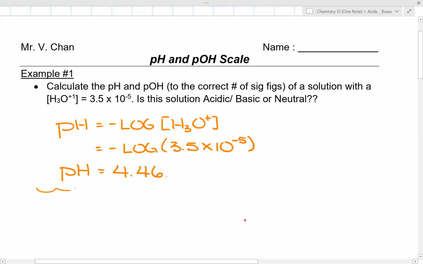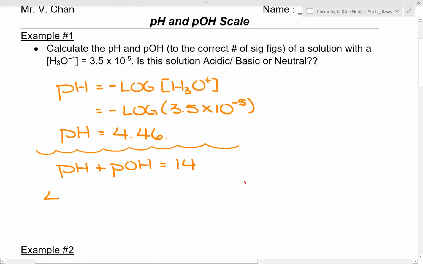Now, if I plug this value into pH plus pOH is equal to 14, I know that 4.46 plus blank is equal to 14. Figuring out the blank, this would be 9.54. Okay. And since the pH is less than 7, therefore it is acidic.